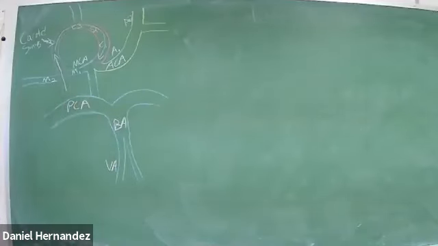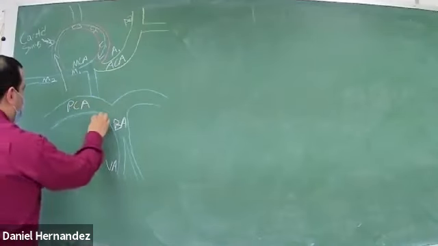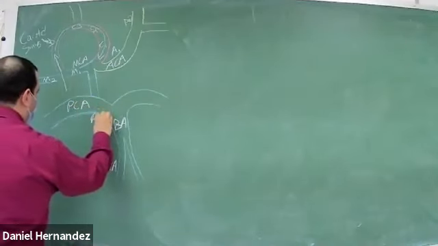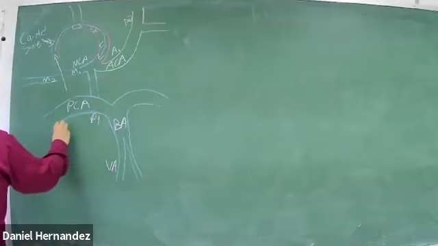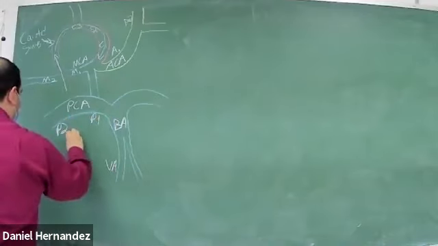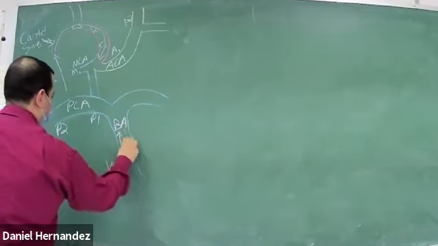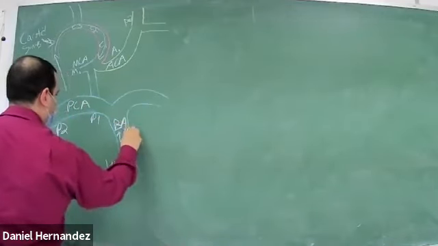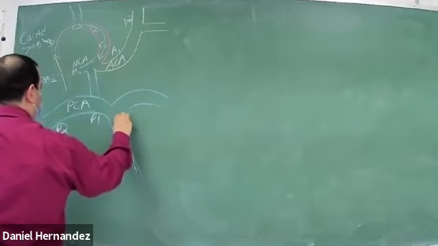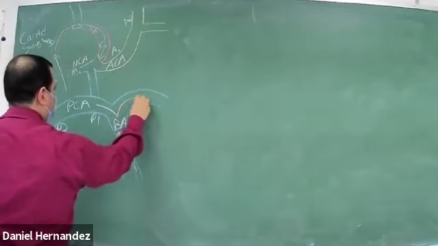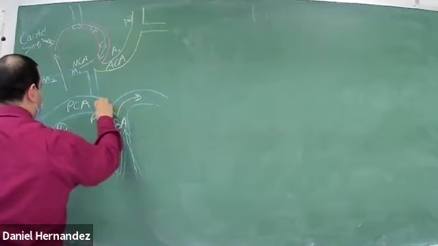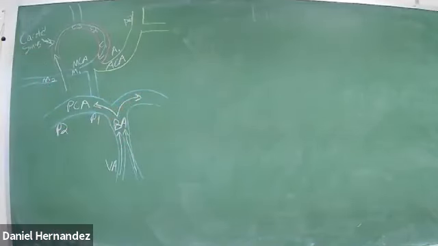With the posterior cerebral artery, we also have two segments. We have a P1, which is more proximal, and P2, which is more distal. So we have blood flow coming up our vertebrals into the basilar artery, which then splits into our two posterior cerebral arteries.